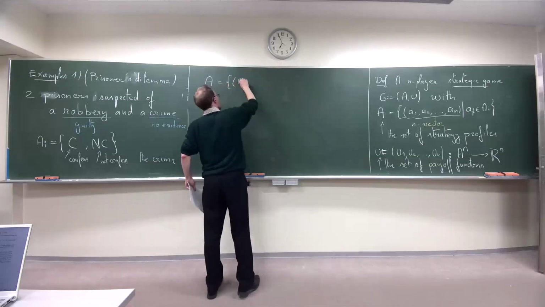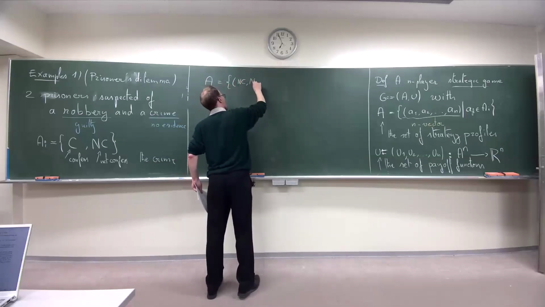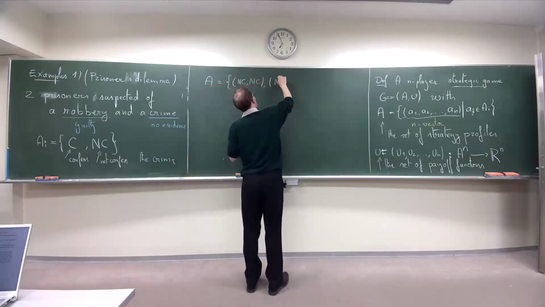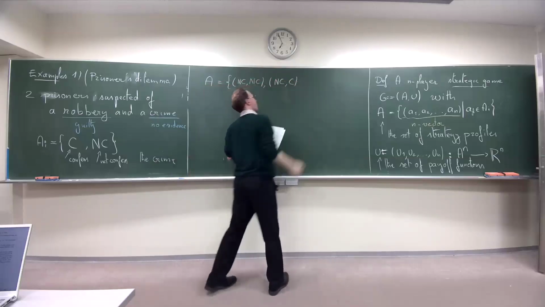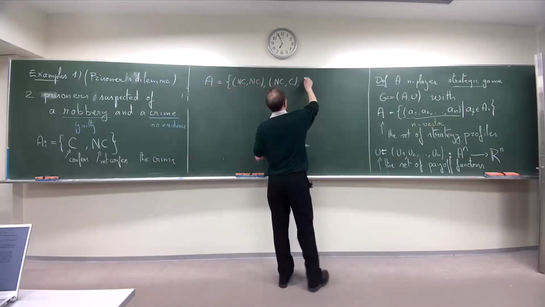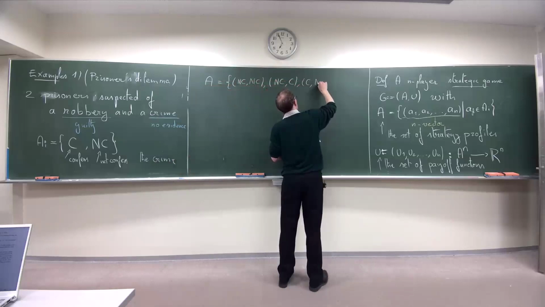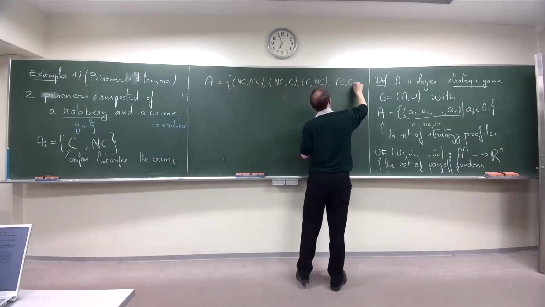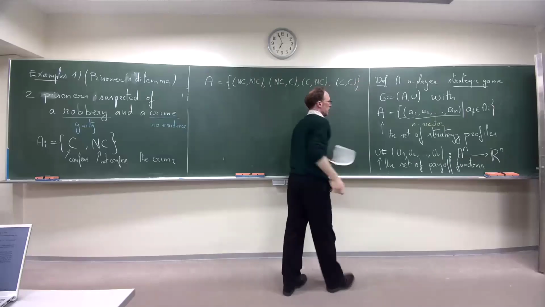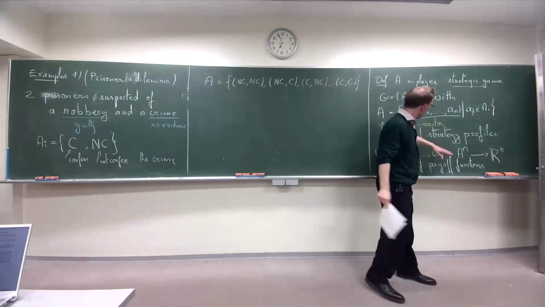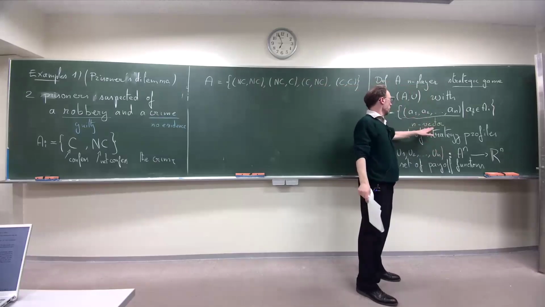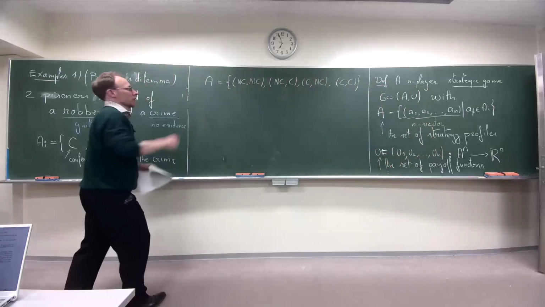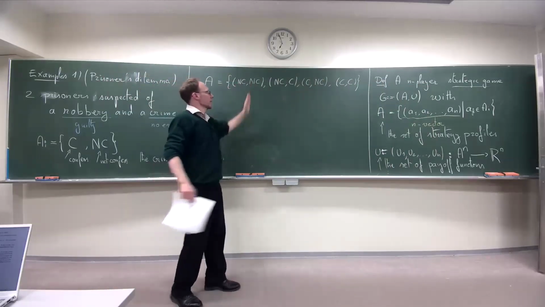First, neither confesses. If the first one doesn't confess, the second one can confess, or the reverse, or the two confess. And you can check it's indeed all the possibilities that we have defined here. This represents the first prisoner, and this is the second.